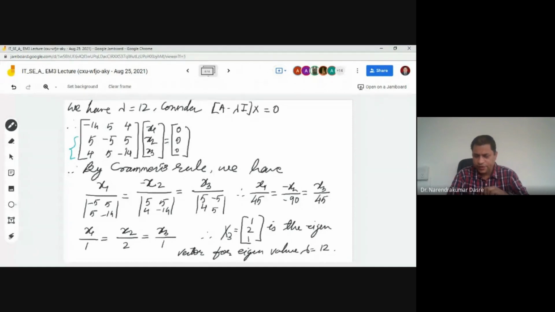In this case there were 3 distinct values, so we have calculated the 3 eigenvectors, and the important thing to observe is that there is only one eigenvector corresponding to each eigenvalue. So for each eigenvalue we are able to find the eigenvector. In this case we had all distinct eigenvalues and distinct eigenvectors.